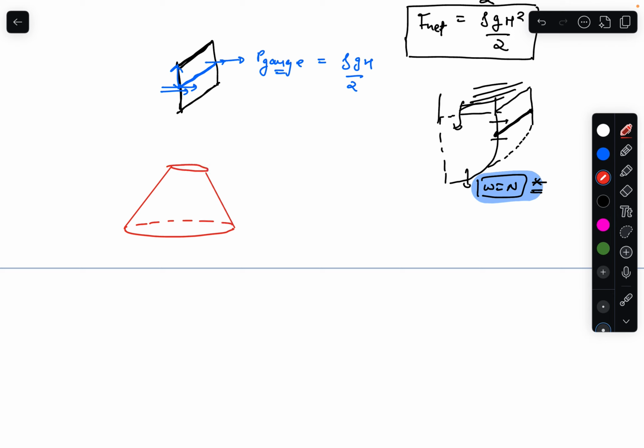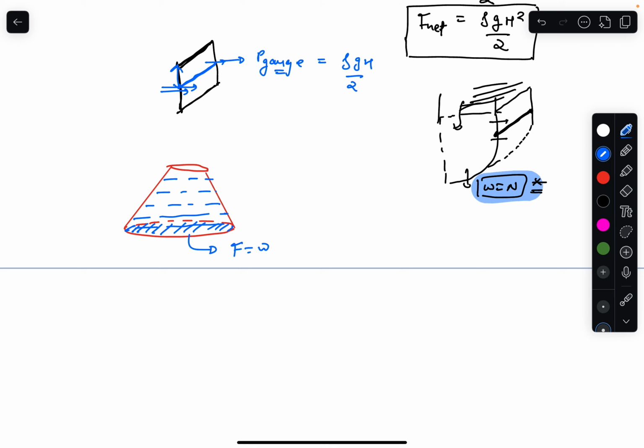And if I fill this tapered container with some kind of liquid, then at this place, if I need to find the force, I will not say that the force is equal to the weight.